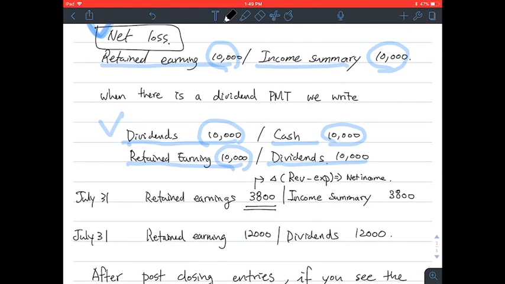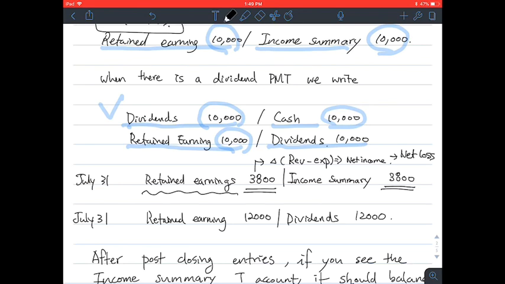All right, and we have retained earnings on the debit side because it was a net loss. If it was a net gain, the retained earnings should be credited and income summary should be debited. So yeah, okay, I think that's enough.